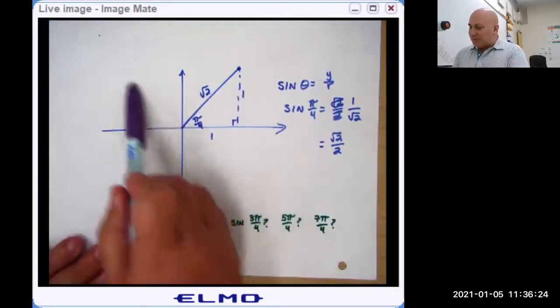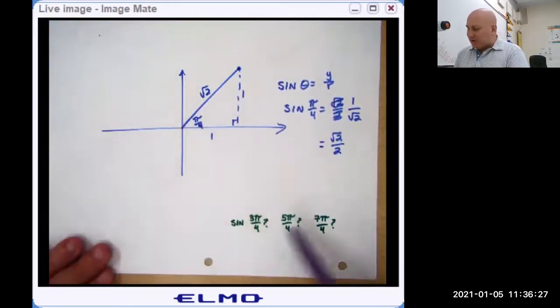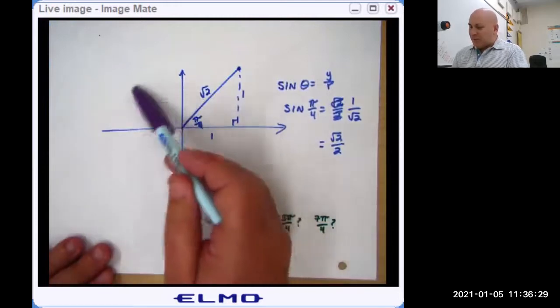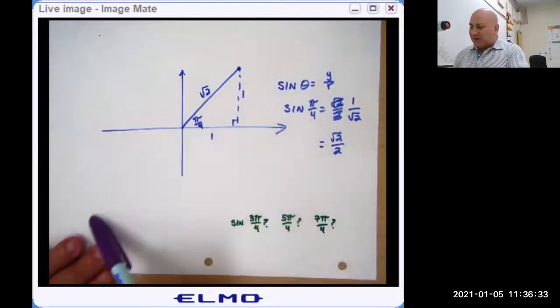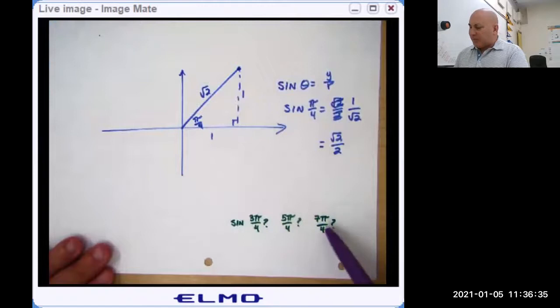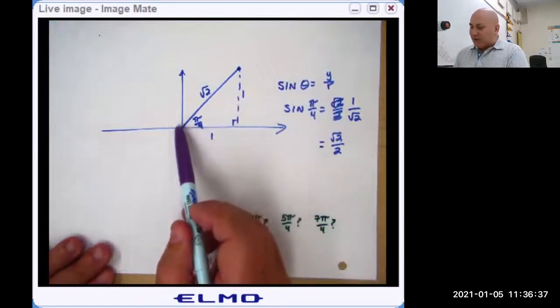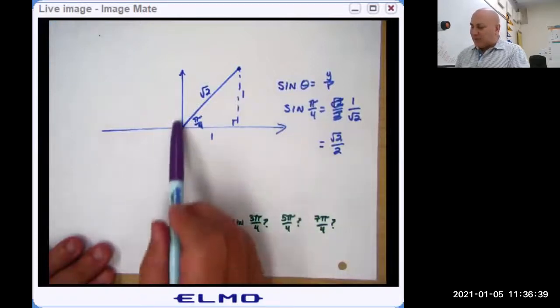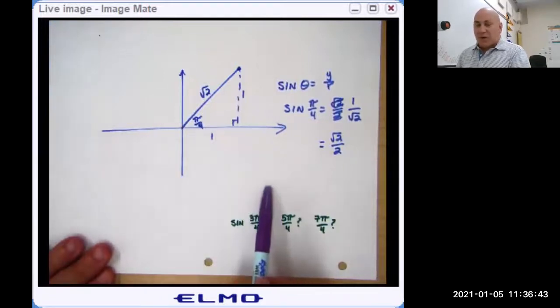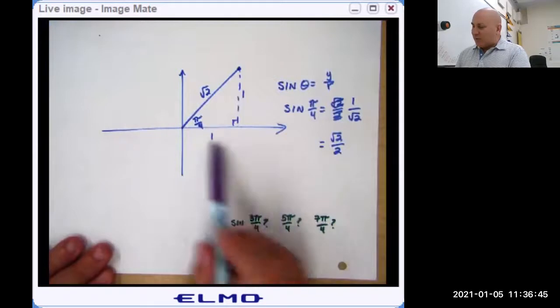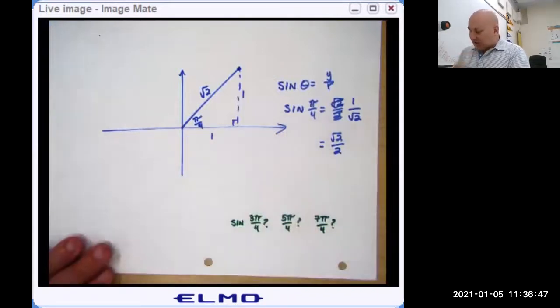So 3/4 would be halfway through the second quadrant. 5 pi over 4, well, 4 pi over 4 would be pi, so 5 pi over 4 would be down here in the third quadrant. 6 pi over 4 would be 3 pi over 2. So 7 pi over 4 would be down here in the fourth quadrant, and 8 pi over 4 would be the x-axis.